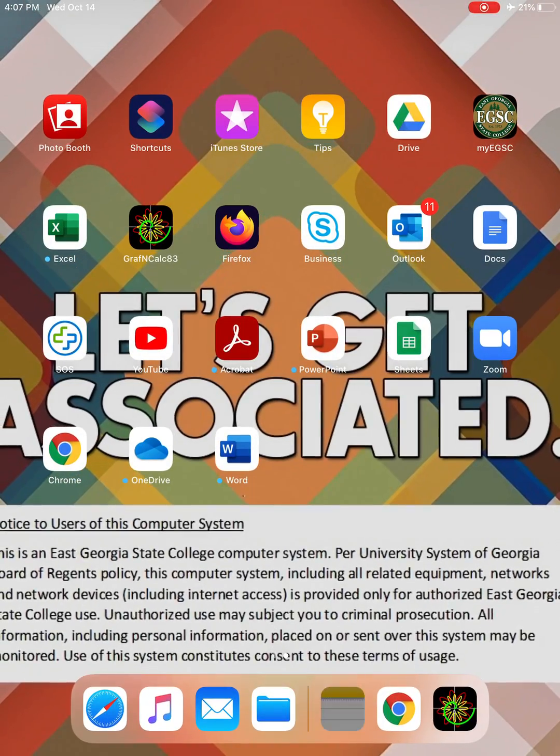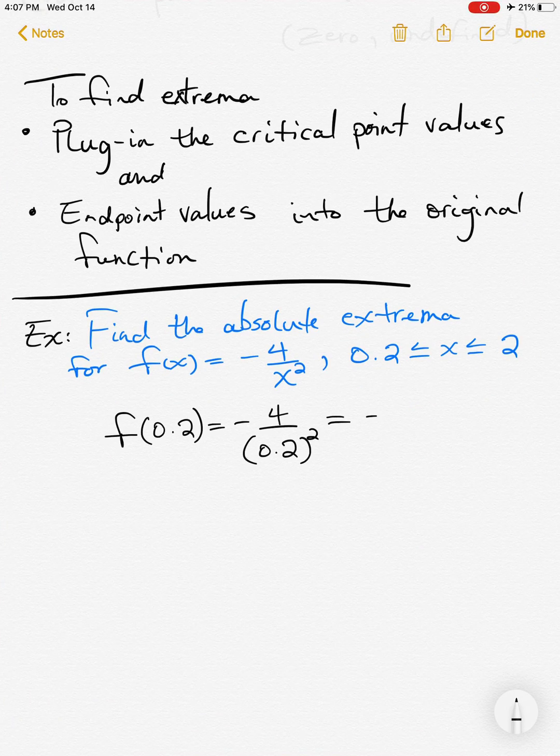We get -100. F of 2 gives us -4 over 2 squared, that is equal to -1. Alright, so we plugged in the endpoint values, but we also need to plug in the critical point values.